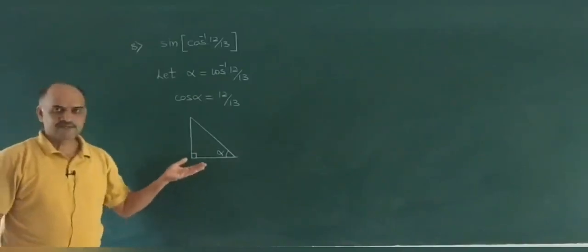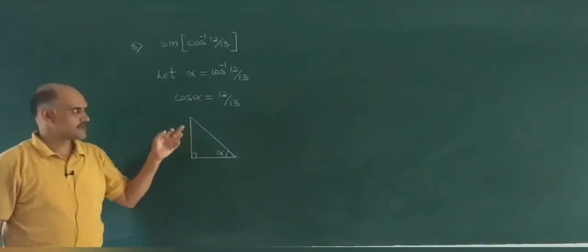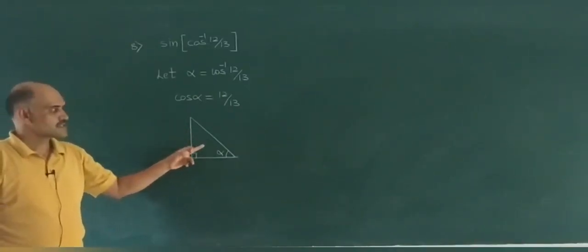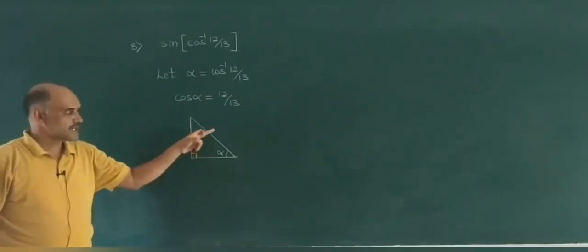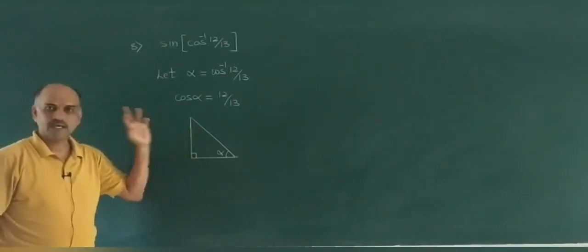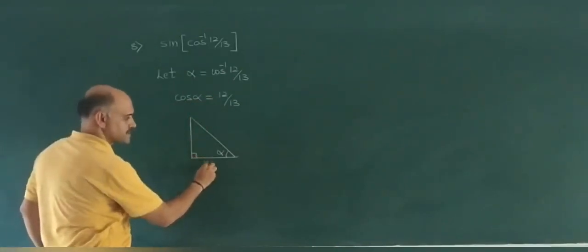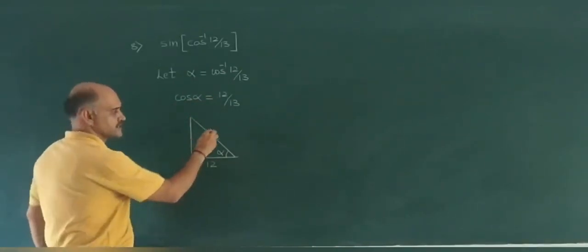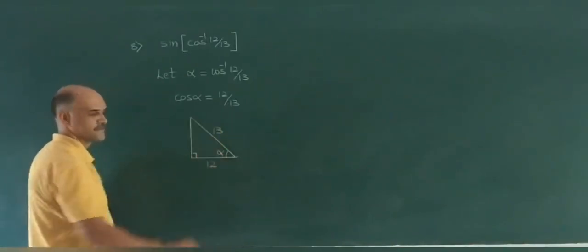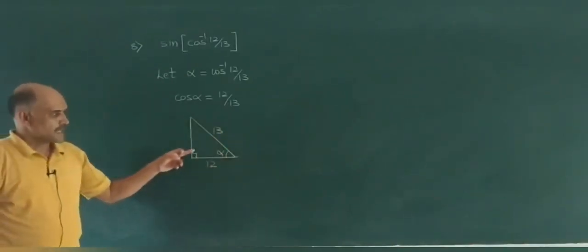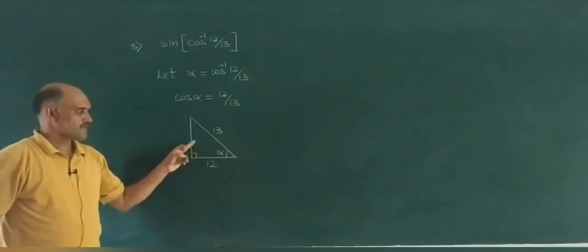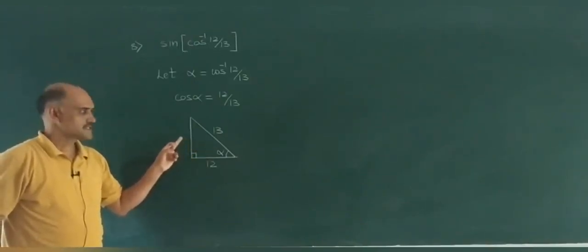From the basics which you have studied, the definition of trigonometric functions, cos theta is adjacent by hypotenuse, or base by hypotenuse. So here cos alpha is 12 by 13 means this is 12, this is 13. Now apply the Pythagoras theorem and find the opposite side.